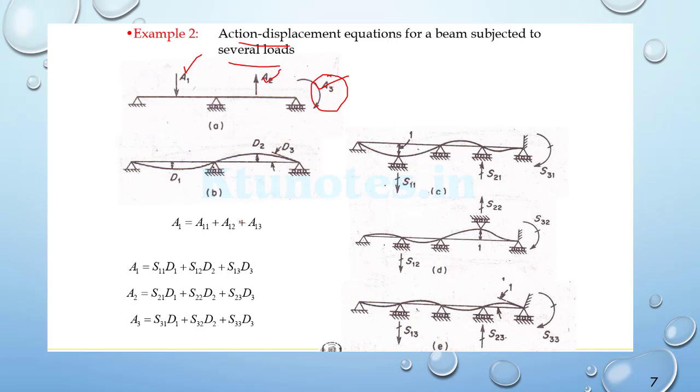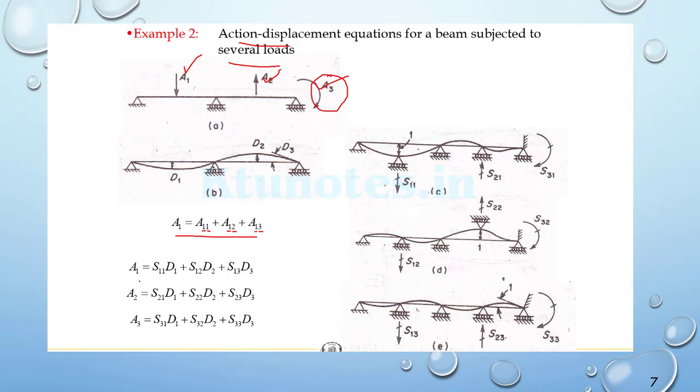So the action A1 is equal to A11 plus A12 plus A13. I'm again repeating, A11 means the action at 1 due to the force at the first point, A12 the action at 1 due to the force at the second point, and A13 the action at 1 due to the force at the third point.